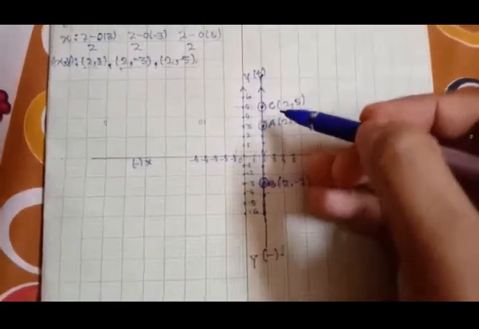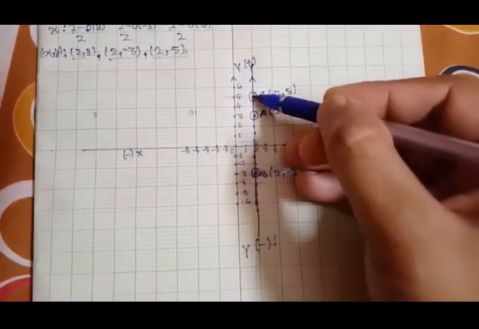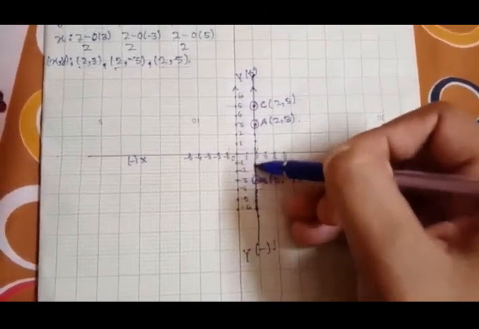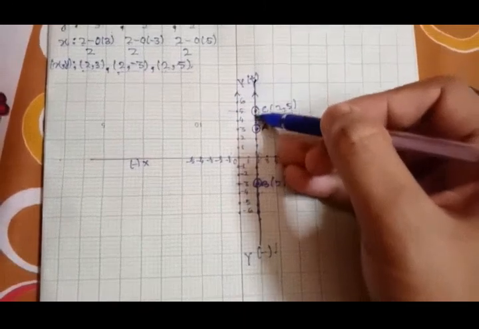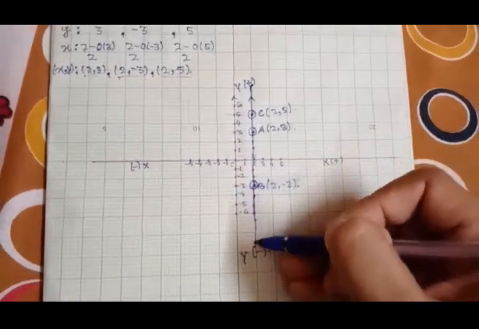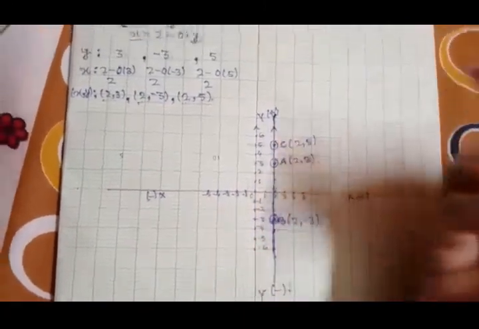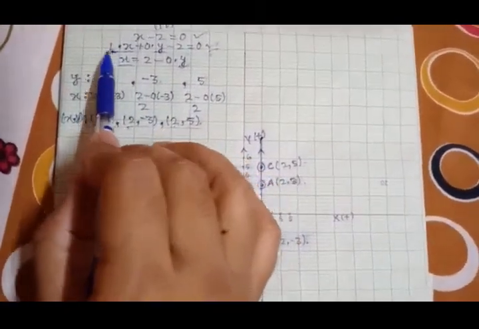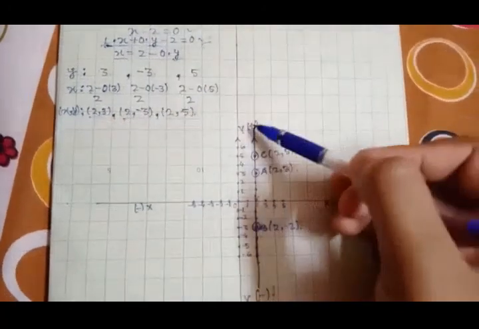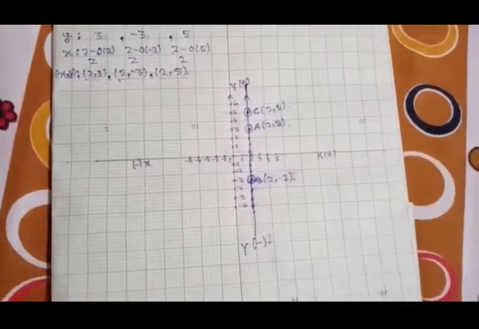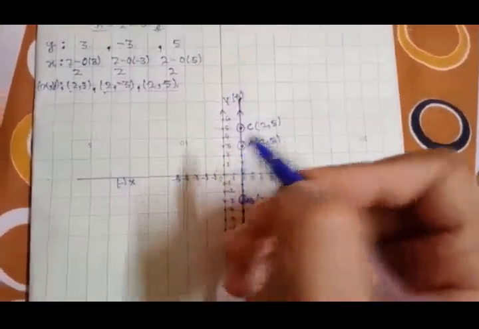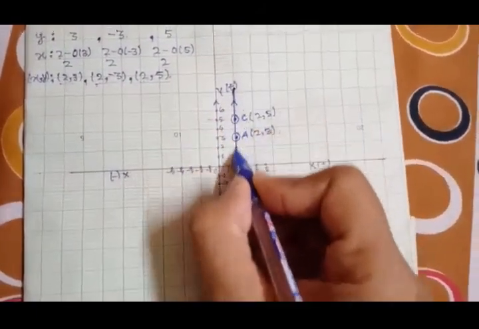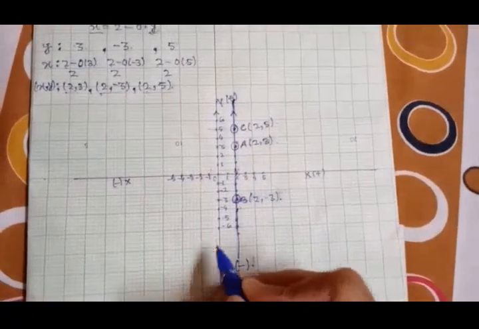And if we draw a pattern while joining these 3 points A, B and C, so this pattern we have is a straight line, which is in accordance with the concept that the graph of a linear equation in two variables is a straight line. So yes, that's the straight line again. But the important thing to notice is that this straight line is parallel to the y-axis.